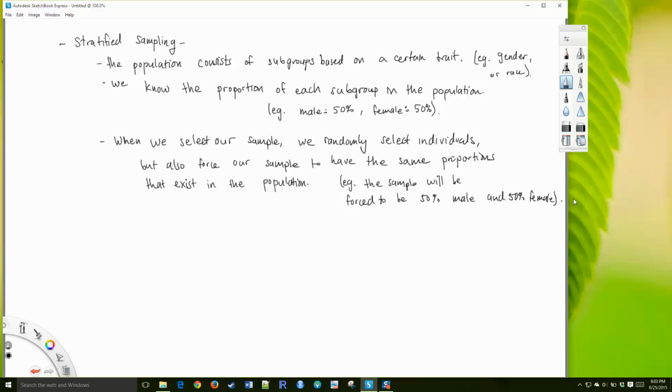Whereas if it were purely random sampling, you might get 45% male and 55% female or something like that, just because it's random. But with stratified sampling, you say, in the population, I know these proportions exist, and I'm going to force my sample to have the same proportions. Any questions on that?